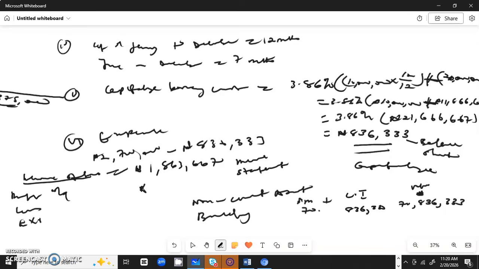Under expense, we have interest, which we are going to expense, which is this 1,863,667. So that's what we're going to expend.